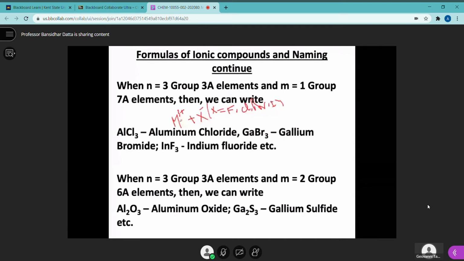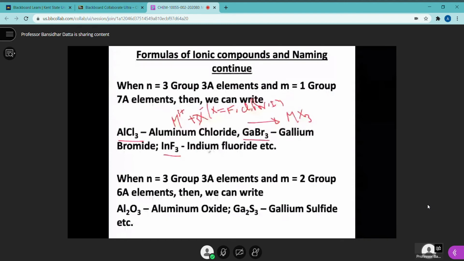And if you make an X minus, remember you have 3 pluses and 1 minus. So that means you have to use 3 X minus. Therefore, it will be MX3. So that's what you have: aluminum chloride, AlCl3, gallium bromide, GaBr3, and indium fluoride, InF3, etc.